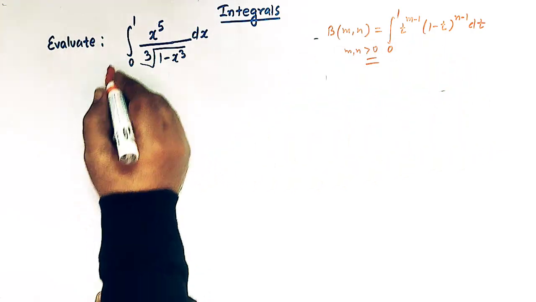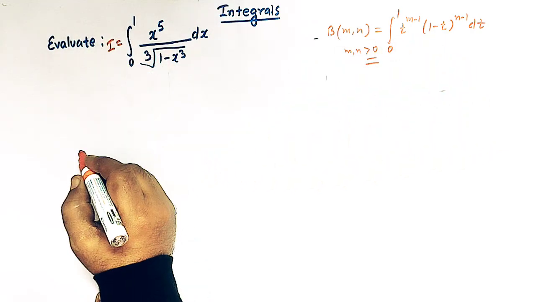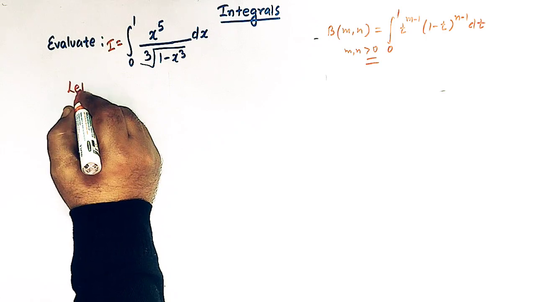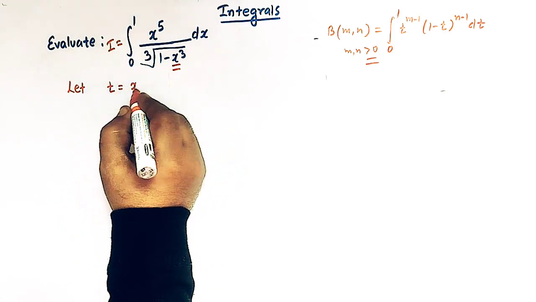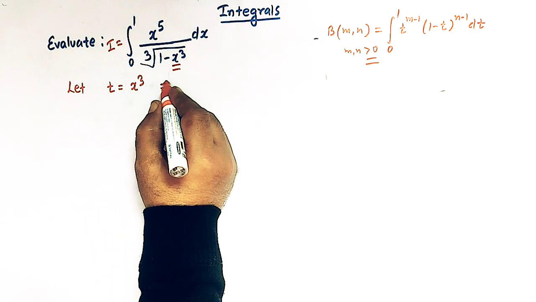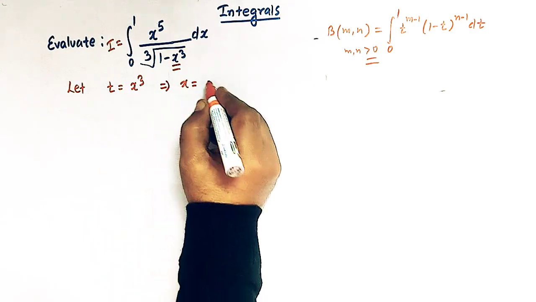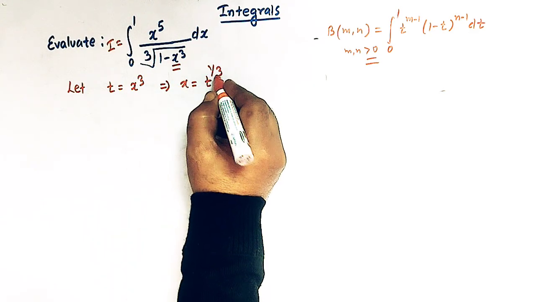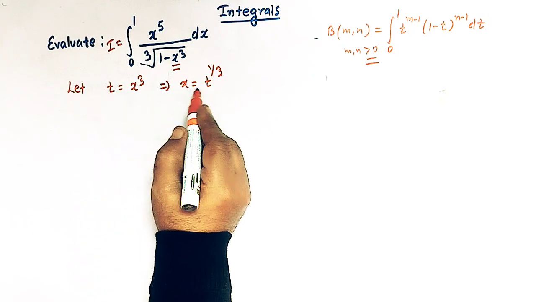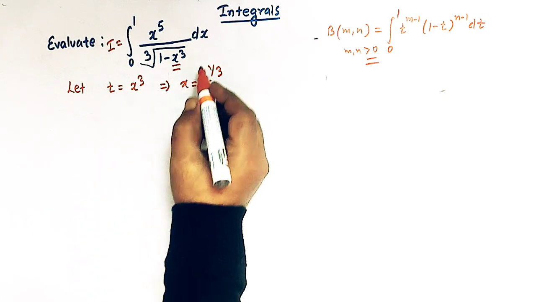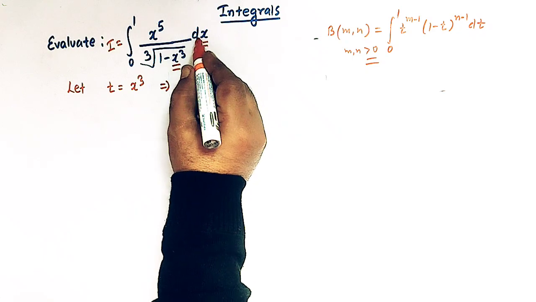Let us first take this integral as I, and let us make the substitution t is equal to x cube, so that we have x is equal to t raised to 1 over 3. Now let us differentiate x with respect to t to get the value of dx.